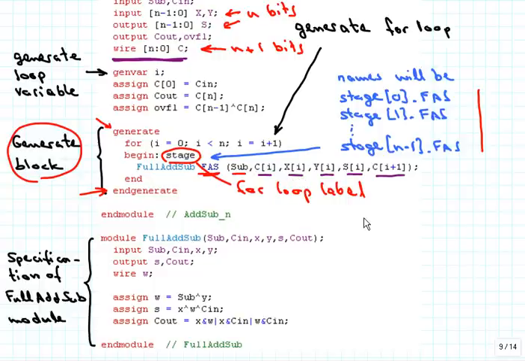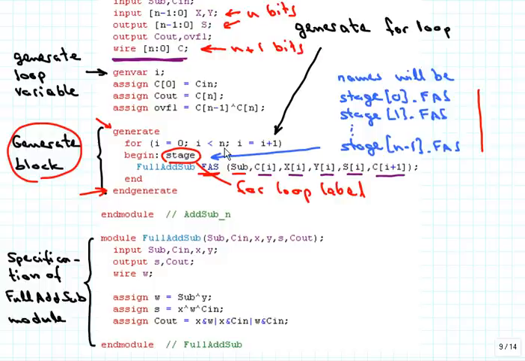And then we're done with that main module, and the generate statement will just make now n copies of this full add sub module, this 1-bit module, through the conditions of the for loop that are given here.